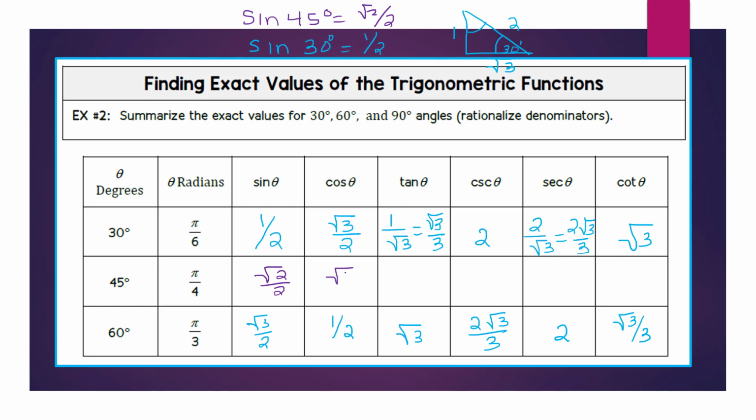This is also root 2 over 2. And then here we get 1, because we do sine over cosine. I'm going to go ahead and put 1 for cotangent, because it's cosine over sine.